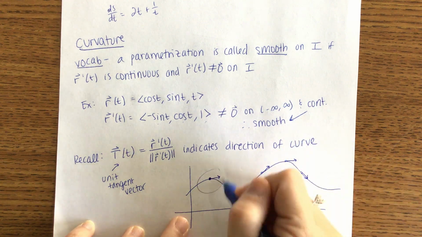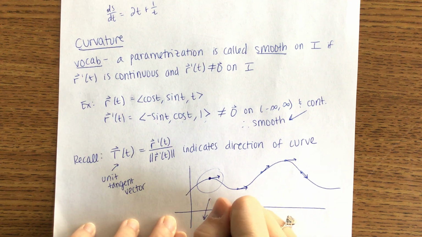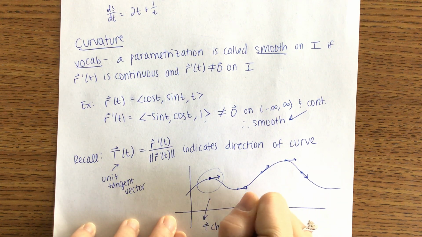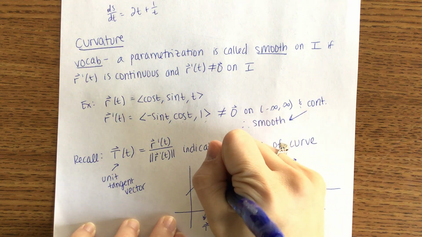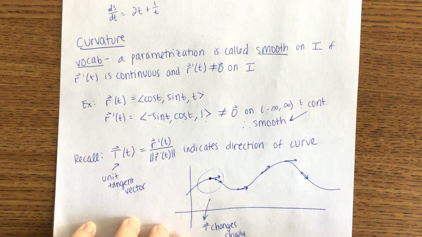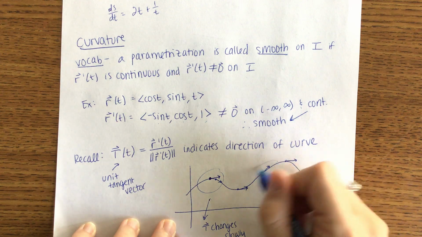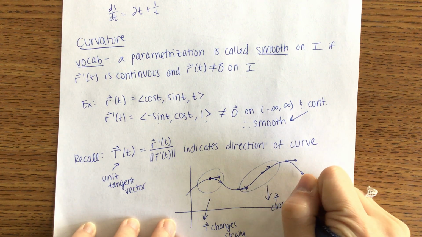Few things to notice is right there at the peak, t is changing slowly. So if I pick the point that's right next to it, there's a little bit of change between the first unit tangent to the next one, but it's not much. Whereas something here, t is changing more quickly.